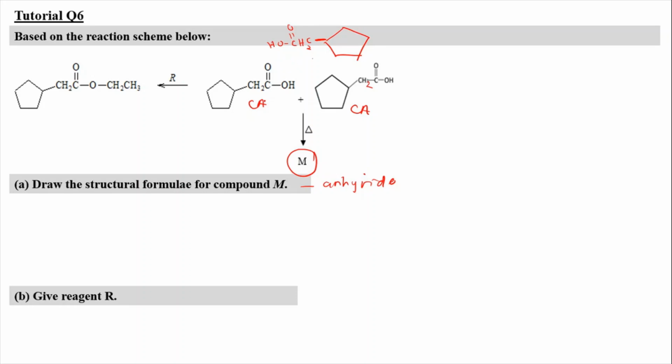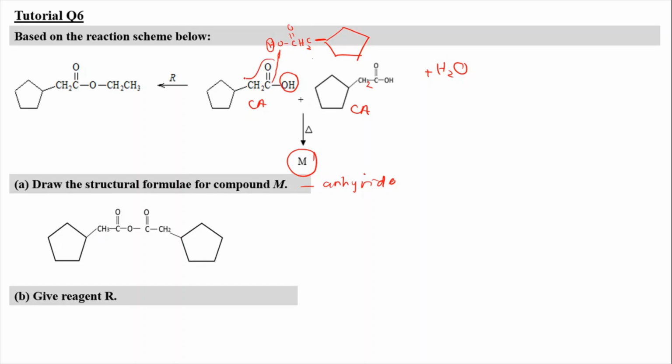So when two of the same carboxylic acid are reacted together, hydrogen and OH are going to be removed in order to produce water. And the C and the oxygen here are going to be connected together in order to form an anhydride. So what you're going to draw is this kind of structure.